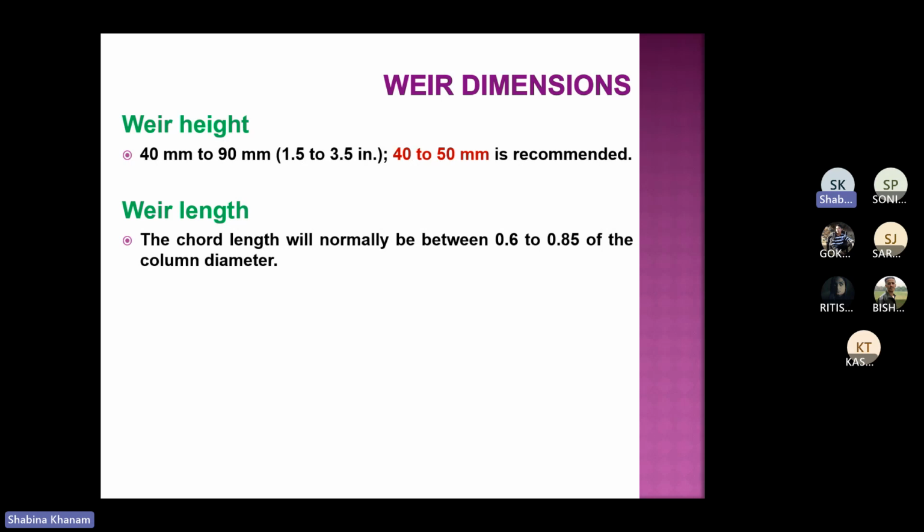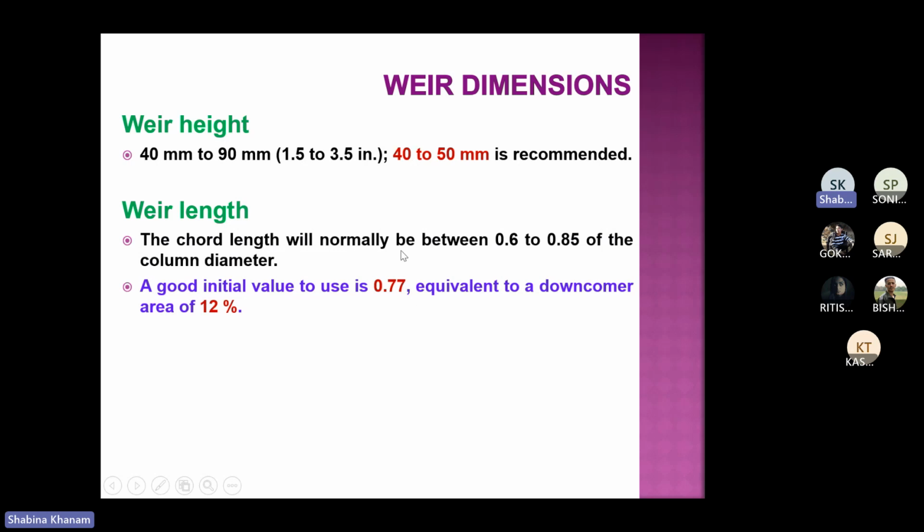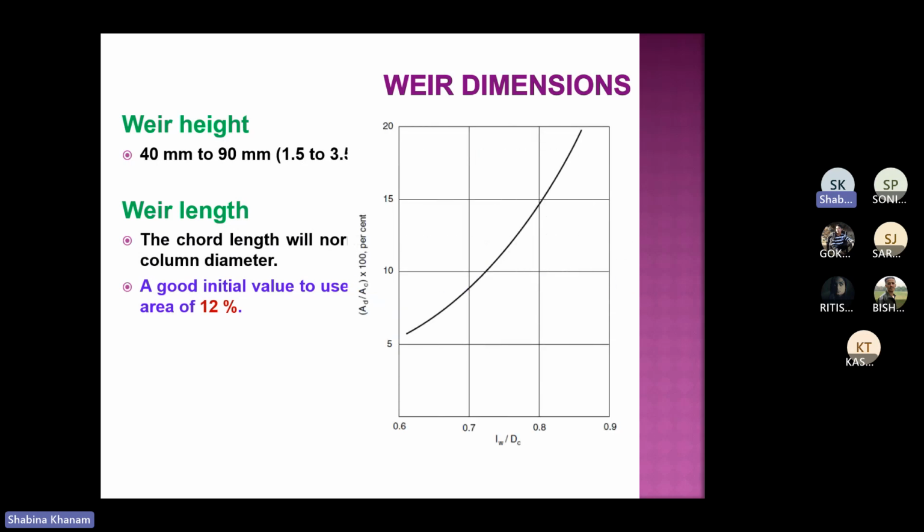Now the weir length. The chord length will normally be between 0.6 to 0.85 of column diameter. This chord length will depend on how much downcomer area we are considering. So if I'm having 12% downcomer area, the weir length should be 0.77 into D, D for column diameter. And how do we obtain this 0.77? From this graph.